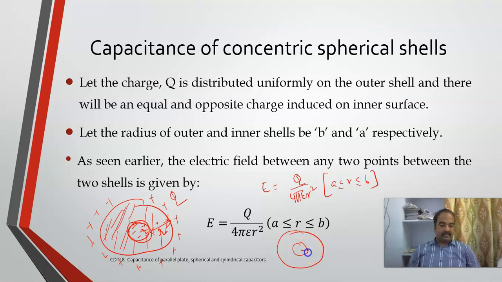If it is on the surface of the inner sphere, it will be Q by 4 pi epsilon a square. If it is in between, it will be Q by 4 pi epsilon r square. If it is outside, it will be 0, because the summation of these two charges is again 0, because we need to calculate what is the total charge here. But right now, assuming that I am considering only this particular area between a and b, this is the electric field.